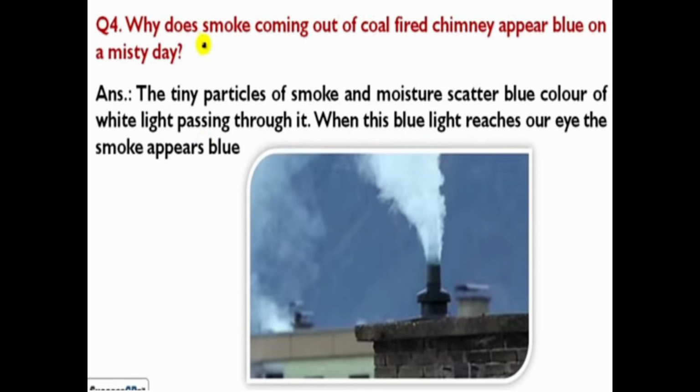So the tiny particles of smoke and moisture scatter the blue color of white light passing through them, and whenever this blue light reaches our eyes, the smoke appears blue.